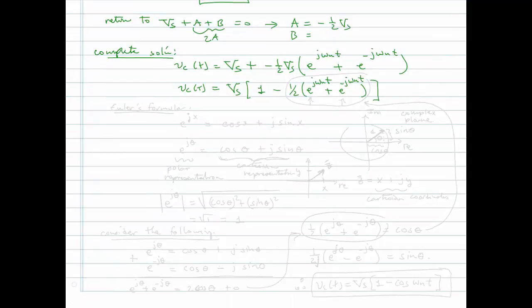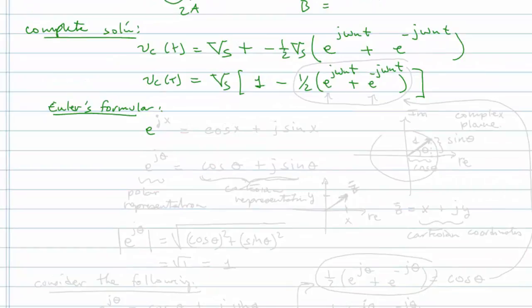Now here's where we have to do a little math. I won't cover this here, but if you don't remember this or don't know this, look up Euler's formula, which says that e to the jx, as we are using j for the imaginary number, is equal to cosine x plus j sine x.